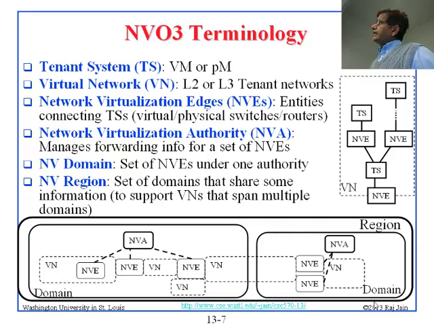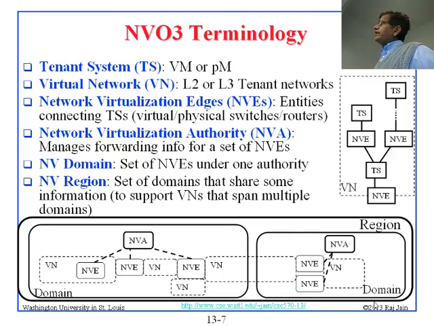Then NVA, Network Virtualization Authority. NVA manages these NVEs. Basically, each tenant has its own NVE and it has its own NVA that somehow manages how to route from one NVE to the next NVE.